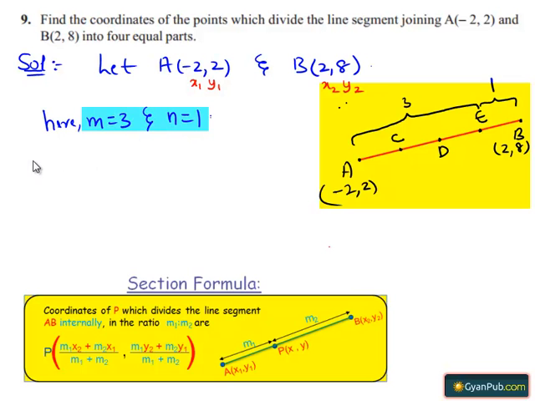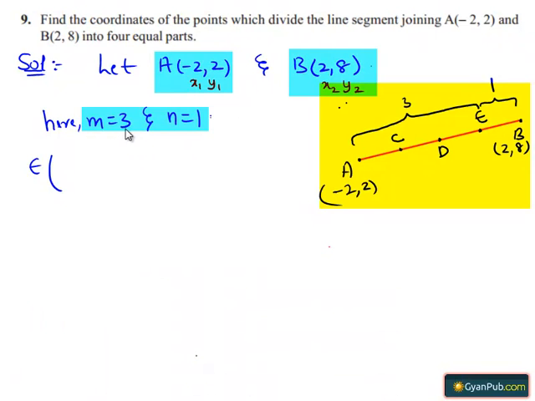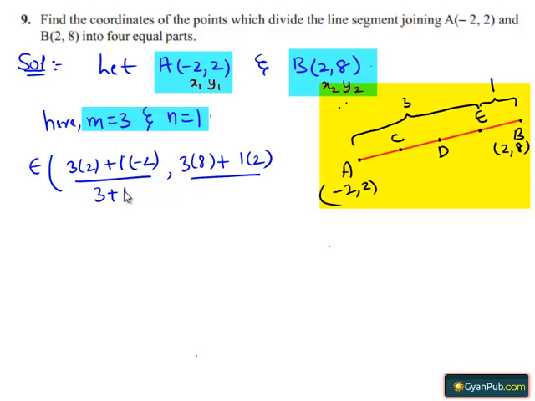The coordinates of point E will be (mx2 plus nx1), that is 3 times 2 plus 1 times -2, whole divided by (m plus n), that is 3 plus 1, and (my2 plus ny1), that is 3 times 8 plus 1 times 2, whole divided by (m plus n), which is 3 plus 1.